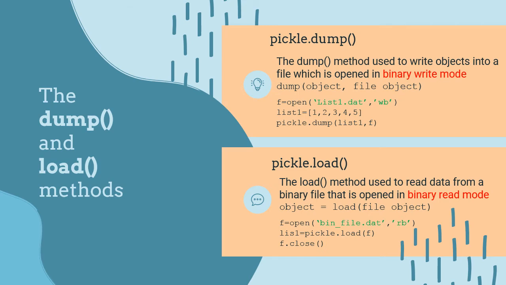So whatever data is inside that particular binary file is loaded into that list, and then that list can be printed. If we directly print a binary file, it will be in a not readable form, a set of characters which we do not understand.